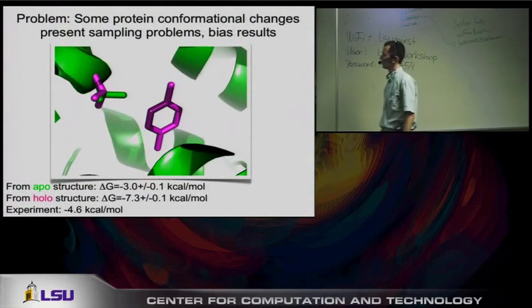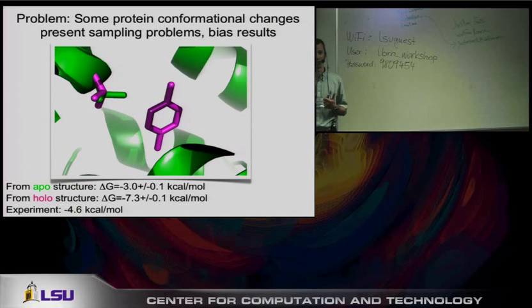Another problem we ran into as we worked on this was that ideally our simulations cover all of the relevant motions of the protein. Potentially as the ligand binds, the protein could change its shape or conformation somewhat. And if our simulations cover those motions, we should get results, binding free energies, that are independent of what structure the protein started in.